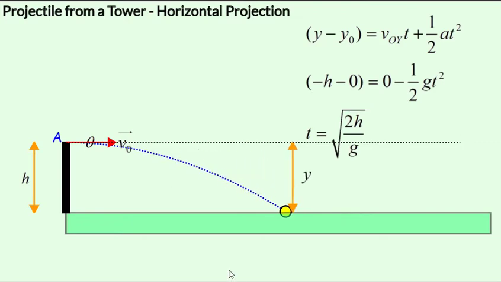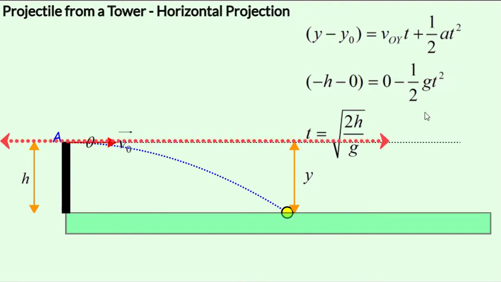Let's apply the second equation of motion along the y-axis. So we have y minus y0 equals v0y times t plus half a t squared. Now we try plugging in the values that we have.